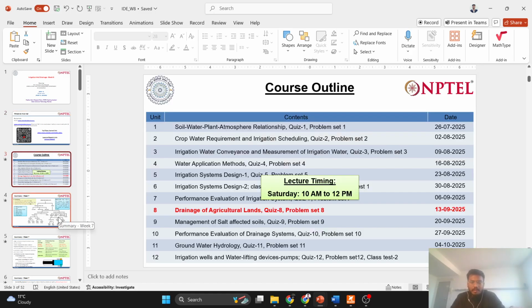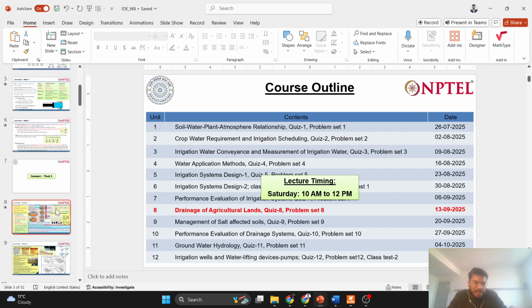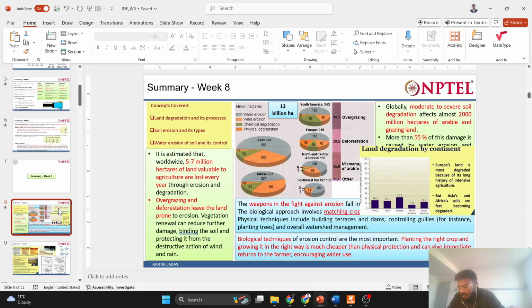In this session we basically talked about drainage of agricultural land. Before the drainage aspect, we first talked about the different water quality problems, salt problems in soil, and what happens in waterlogged conditions. All that causes major problems and comes under degradation of lands.